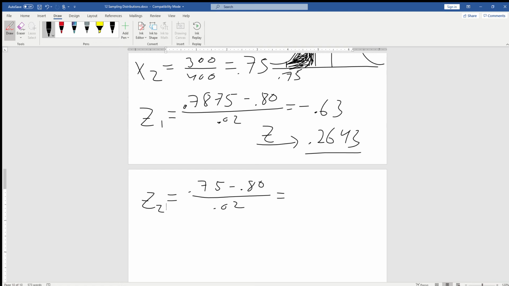Negative 2.50. Now that's the z-score. Again, we're going to convert that using our z-table into an area. For negative 2.50, I got 0.0062.